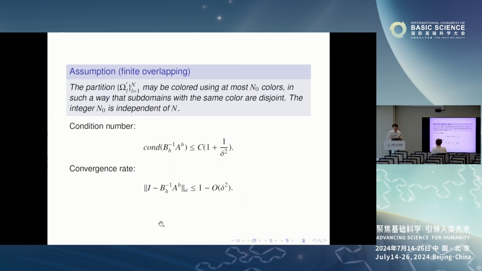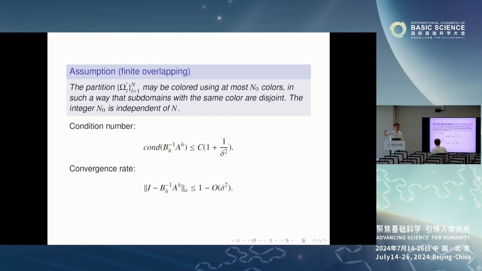If you would like to estimate the condition number, you should make some assumptions. That means the partition, the omega prime I just showed you, these subdomains may be colored using at most N0 colors in such a way that subdomains with the same color are disjoint. The N0 is independent of the total number of subdomains.